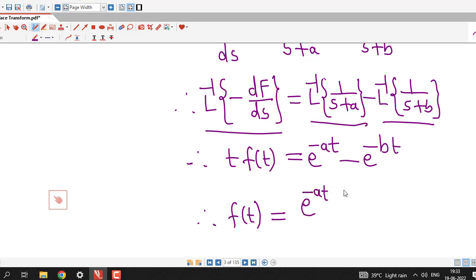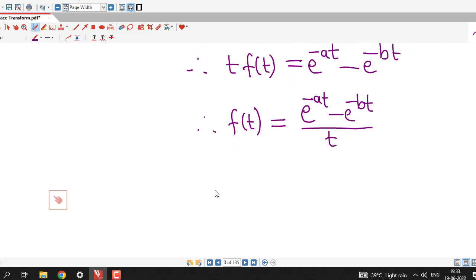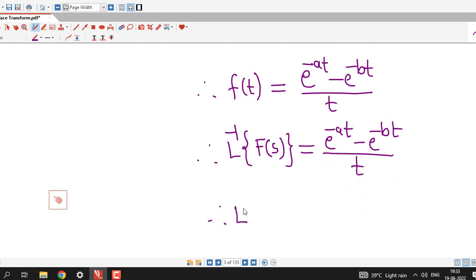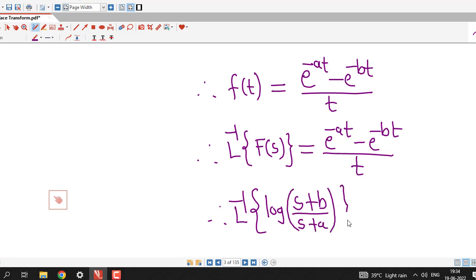So we take this t to the right hand side and we obtain this function of t, which is the required inverse Laplace transform. f of t is nothing but L inverse of F of s. So this is e raised to minus at minus e raised to minus bt, divided by t, and finally we replace capital F of s, which was log of (s plus b) divided by (s plus a).